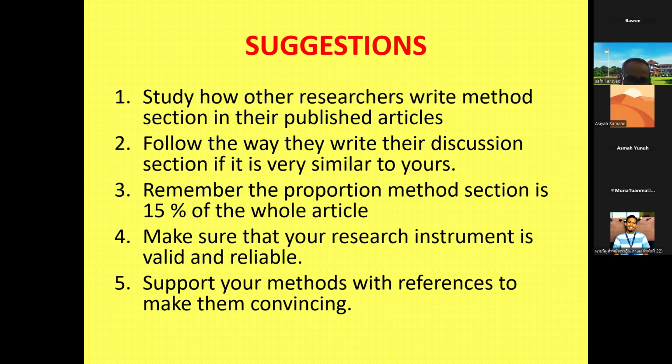Support your method or method components with references to make them convincing. You have to justify in some ways. If you use three moves, you have to justify at least two moves, move two and move three: the choice of research instrument, data collection technique, and data analysis procedure.